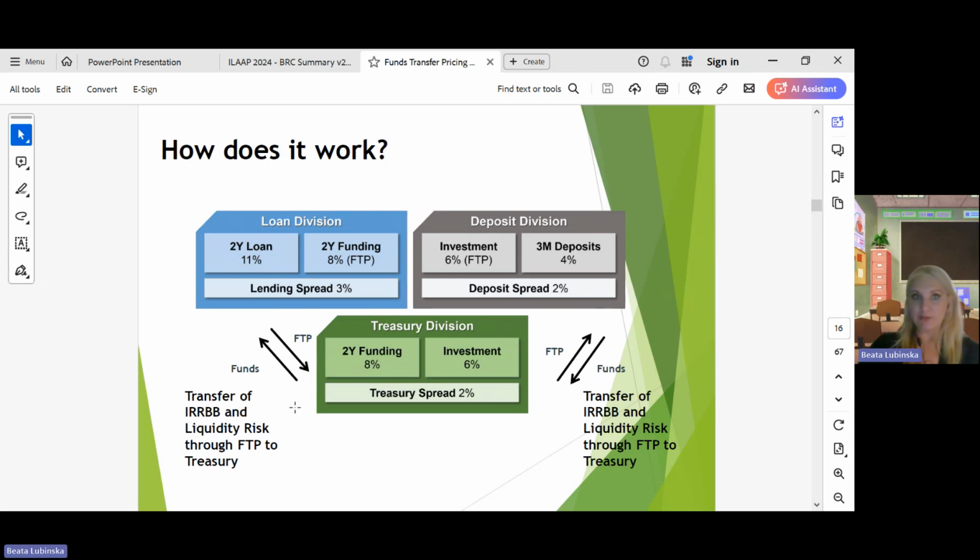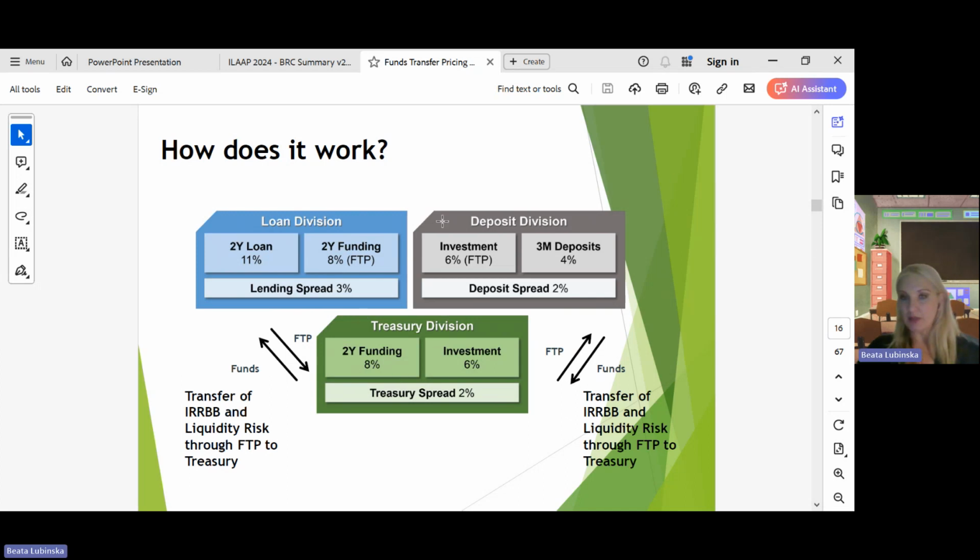In this way, they are charged the FTP rate, and we are transferring those risks which are driven by the transaction, liquidity risk. This is a 2-year loan, so this is a longer term asset. Therefore, there will definitely be exposure to interest rate risk, and those risks are automatically transferred from the business unit to the central unit to be managed.